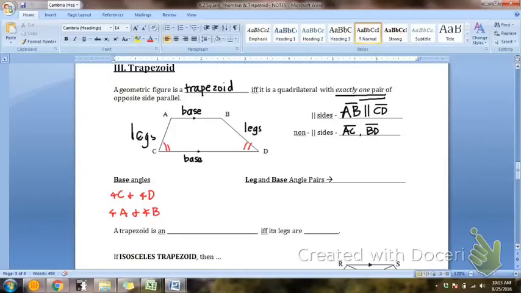Then we have what are called leg and base angle pairs. Leg and base angle pairs would be angle B and angle D, and angle A and angle C. Leg and base angle pairs are supplementary.